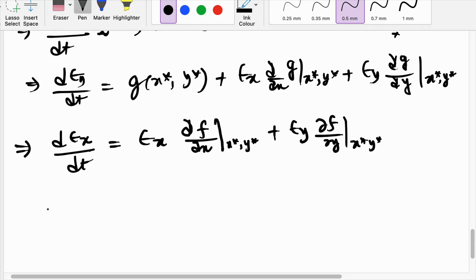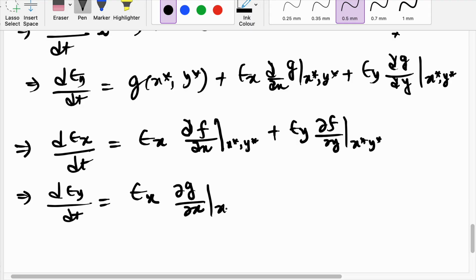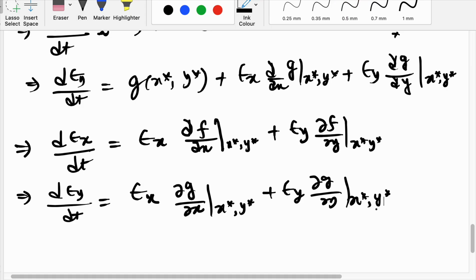Since these two terms are 0, by definition of the fixed point, d epsilon y by dt equals epsilon x del g del x at x star, y star, plus epsilon y del g del y at x star, y star. Now this is the equation.